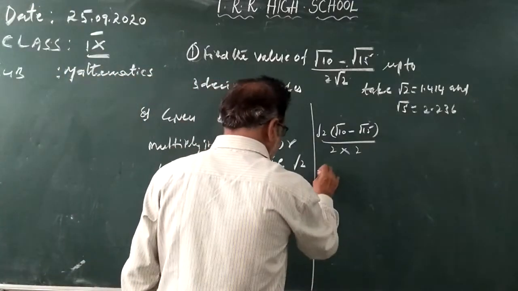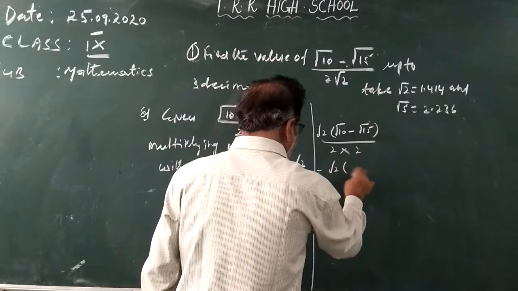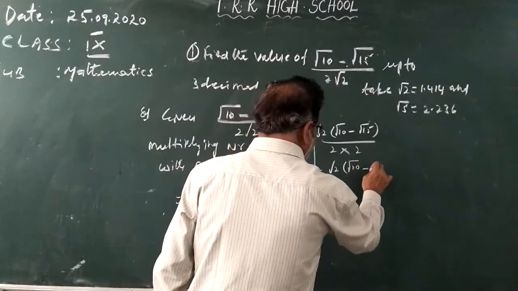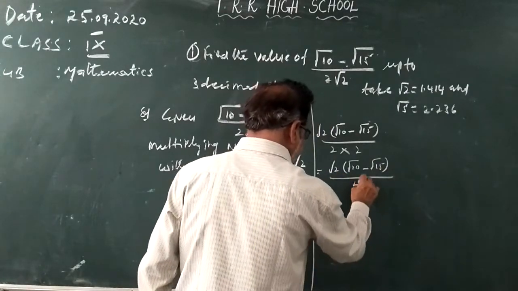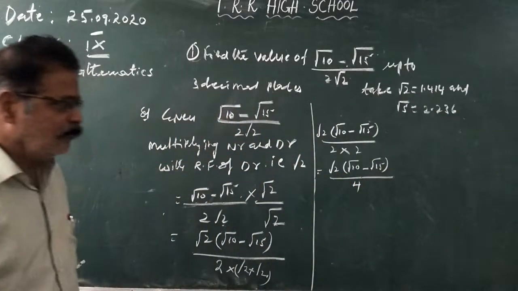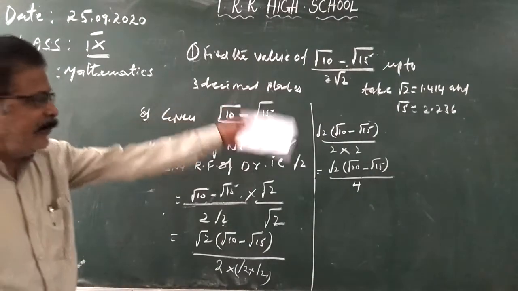So we get root 2 into (root 10 minus root 15) by 2 into 2, that is, by 4. So the denominator is rationalized now.